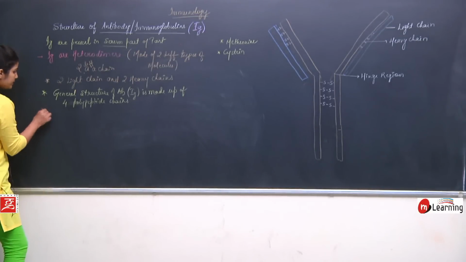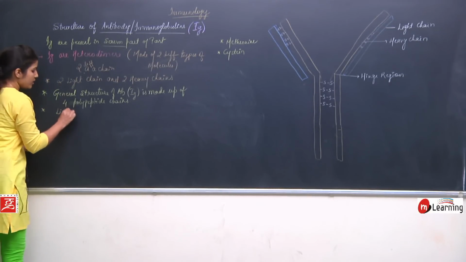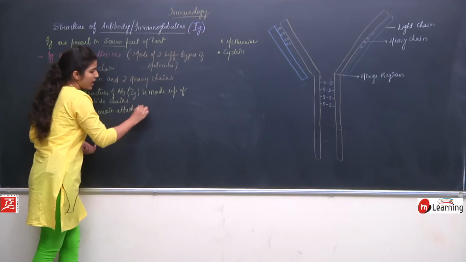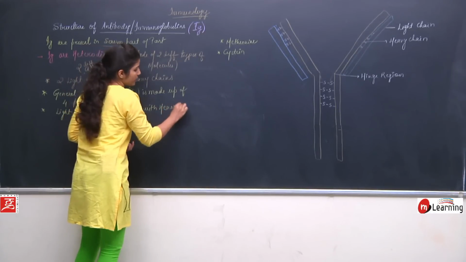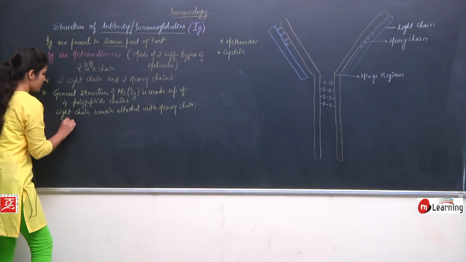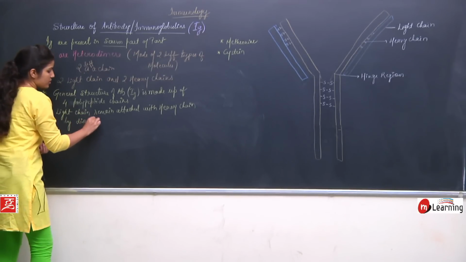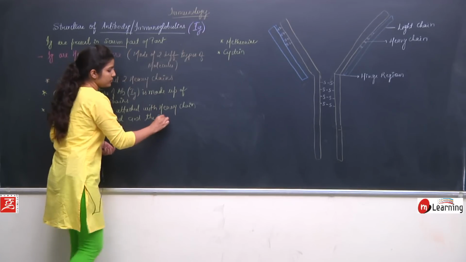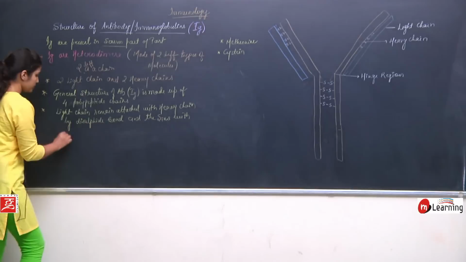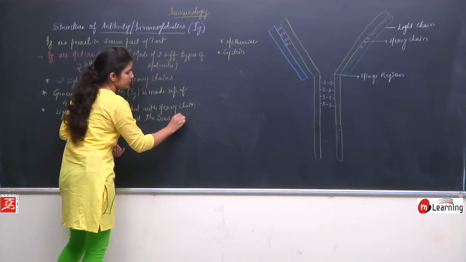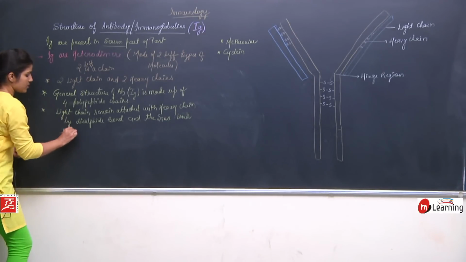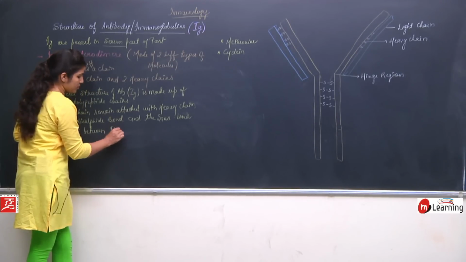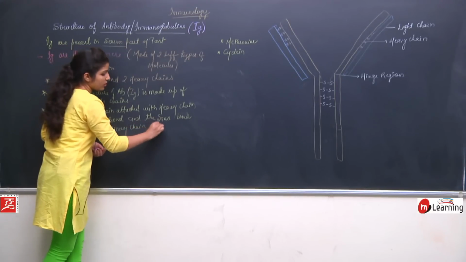First we should write here that the light chain remains attached with the heavy chain by disulfide bond, and the same bond is present between the heavy chains also.